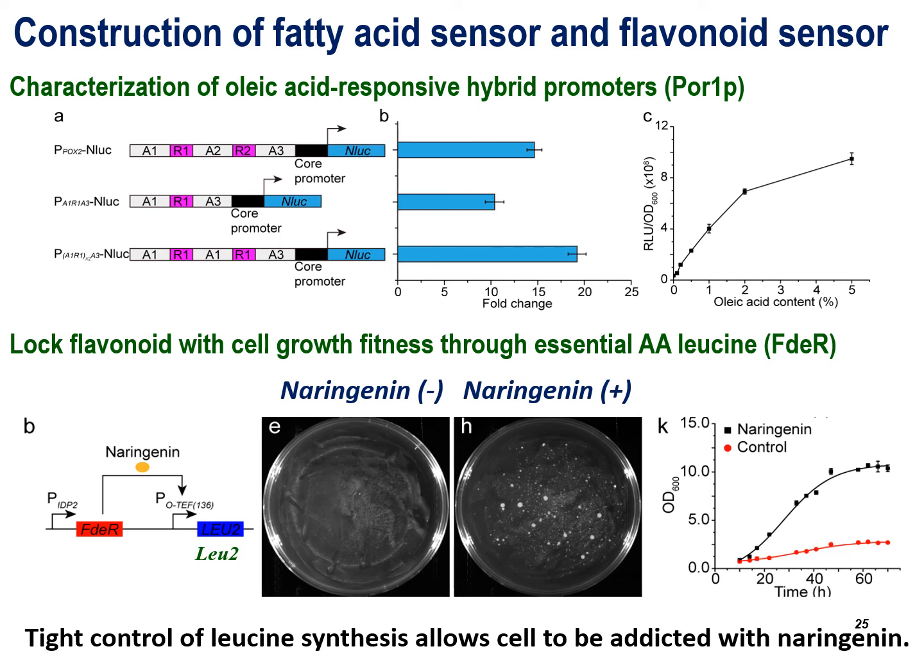So in this case, we have achieved tight control of the leucine biosynthetic pathway, which allows the cell to be addicted to naringenin. Only naringenin will confer the cell better growth fitness. Equivalently, we lock the flavonoid production with cell growth fitness through this essential amino acid leucine.